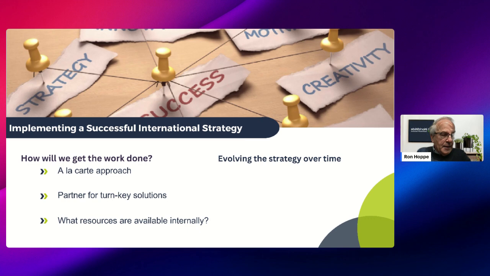And the way that translates into practice is to come up with a plan to develop and maintain a pipeline of candidates over time.